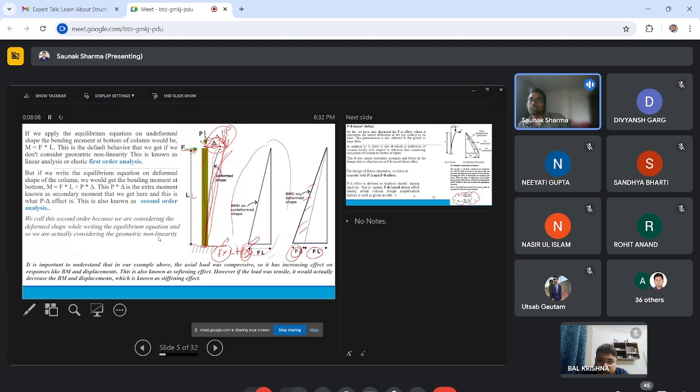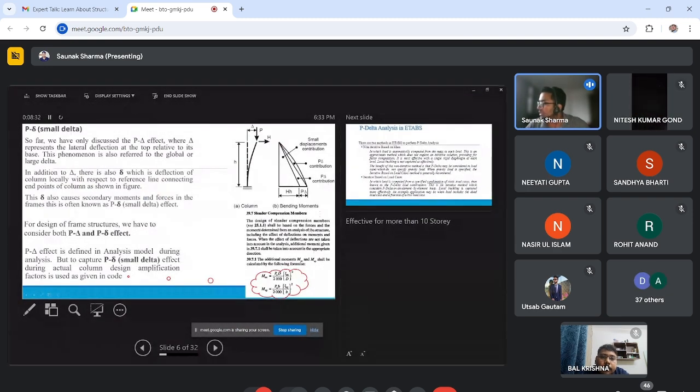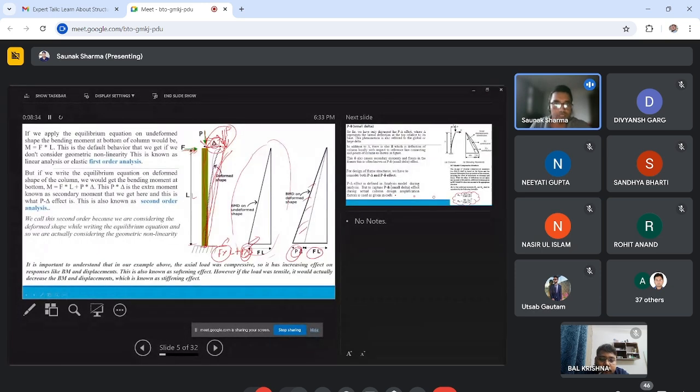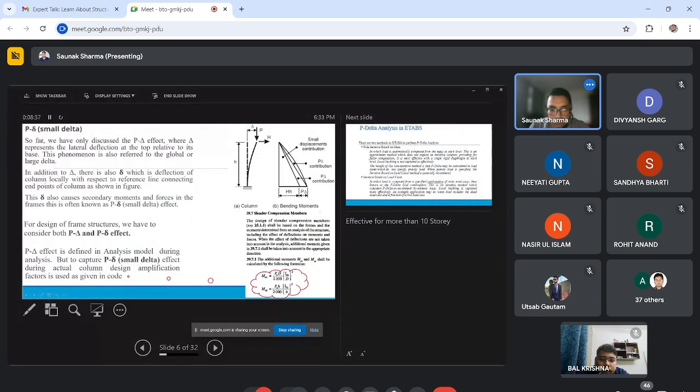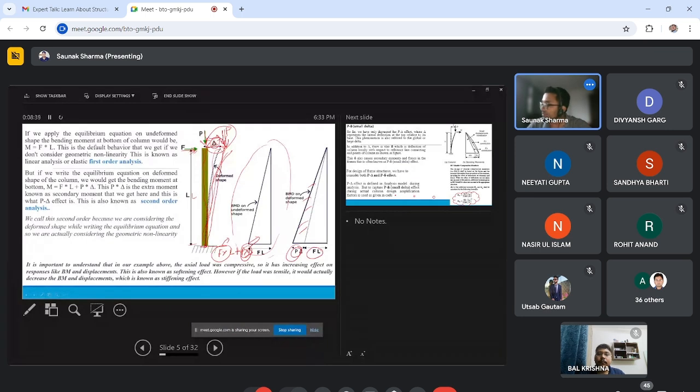Now, the main point here is, do we always get a higher moment if we are considering P delta analysis? This might be a question, but sometimes what happens is, let's see in this figure, first I would like to clean this up.